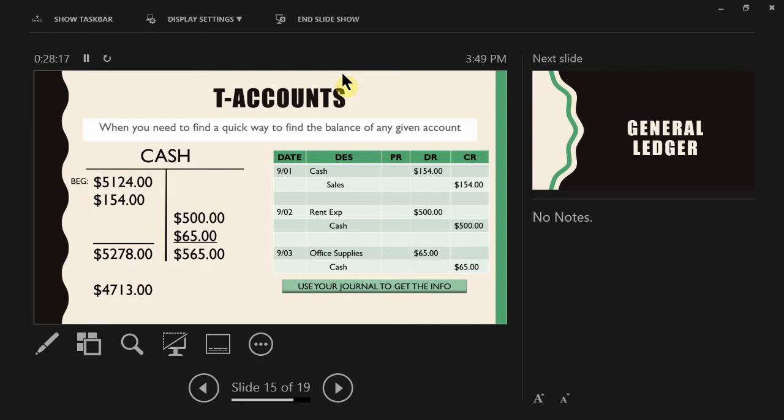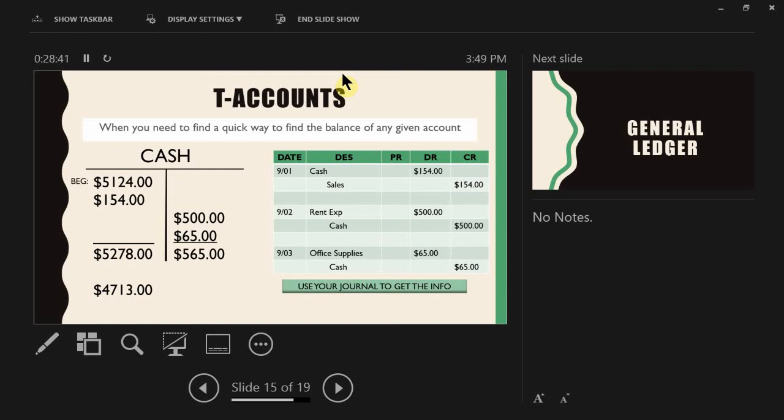For example, our journal entry doesn't tell us much detail about how much is actually in each account. All we know is we're doing the daily transactions, taking in money or taking out money. We don't know our ending balance at a given point in time.